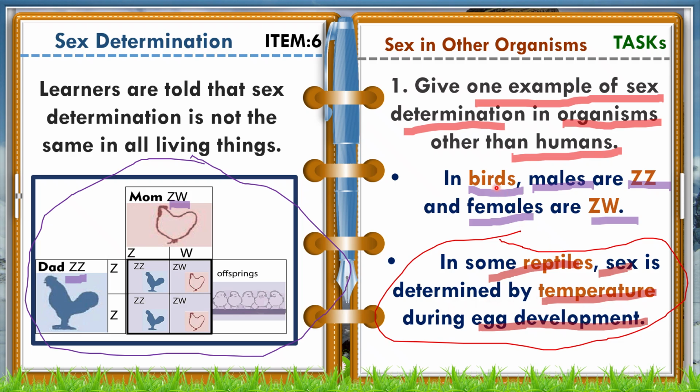But when you look at birds, the males have the ZZ chromosome combination, and the females have the ZW chromosome combination.